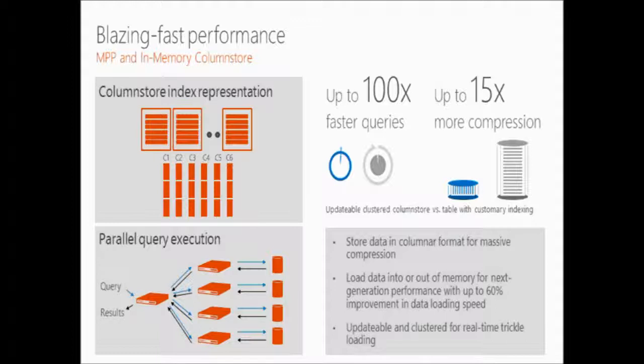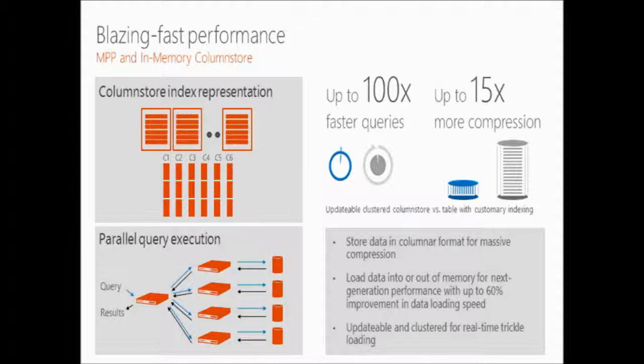At the beginning, I mentioned that we have some other system other than the MPP infrastructure, massively parallel processing infrastructure. We also have column store index. As I said, in the traditional data warehouse system, when you use a row-based system, you query all the columns in that data set.